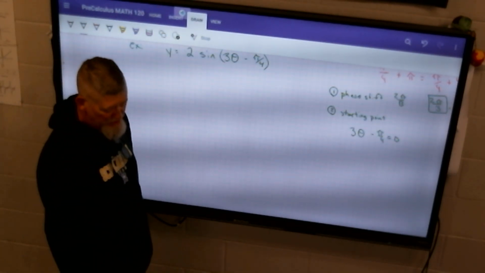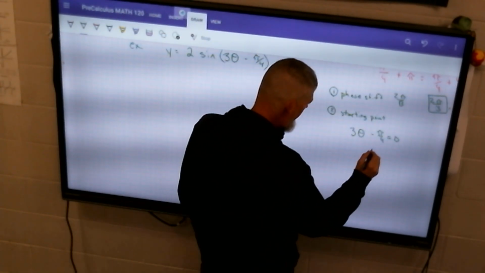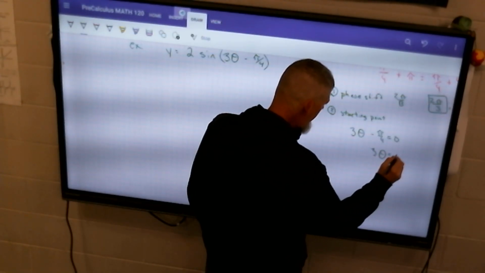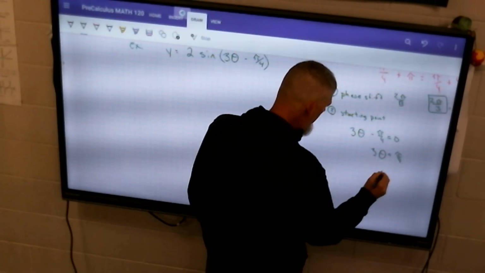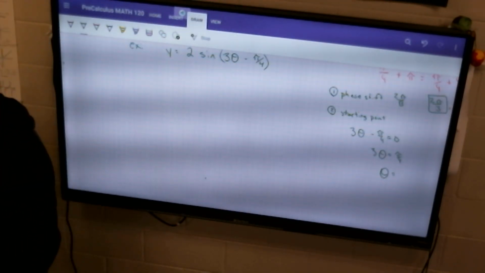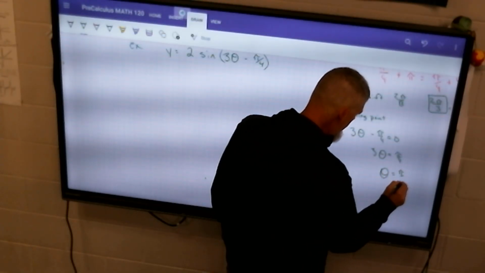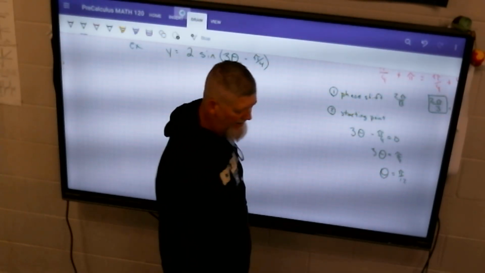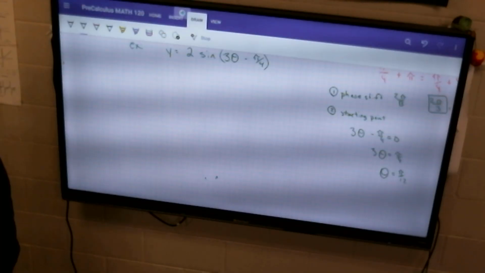All right, do a little bit of algebra. Pull those algebra skills out. Now we have 3 theta equals pi over 4. What is theta going to be equal to? Pi over 12. Now that is actually a 12.